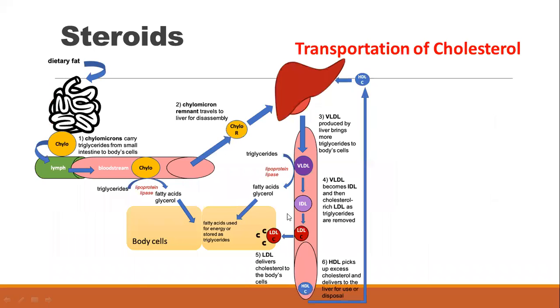And what happens is that the cholesterol-rich LDL, low-density lipoproteins, a high percent of cholesterol, it then converts or becomes triglycerides. So VLDL to intermediate density lipoprotein to LDL converted, and then from LDL, it transports the cholesterol into the body cells.